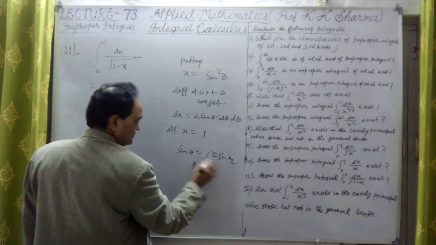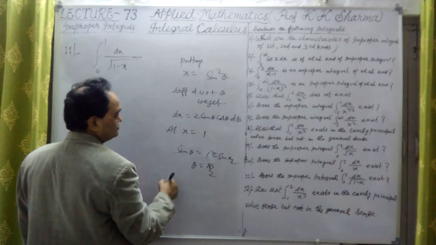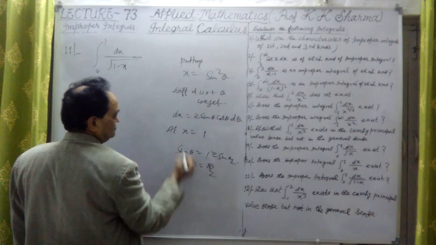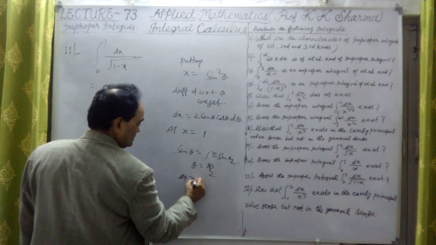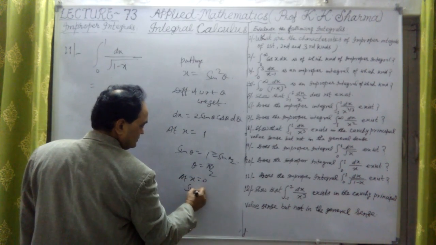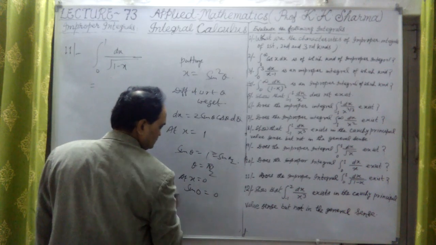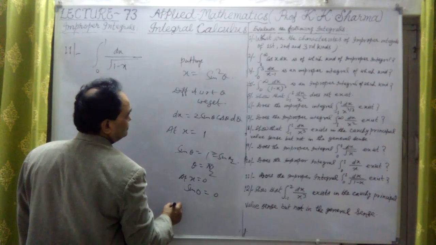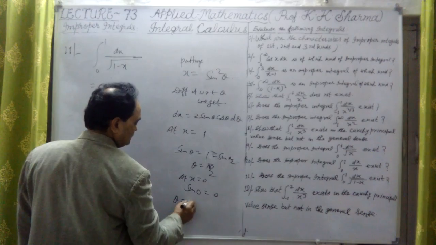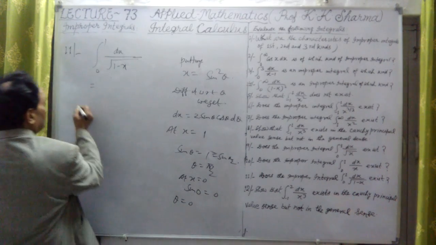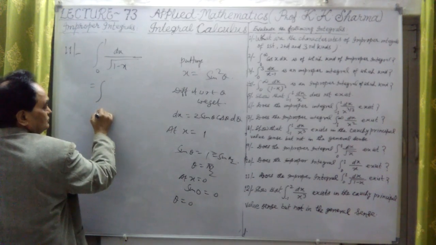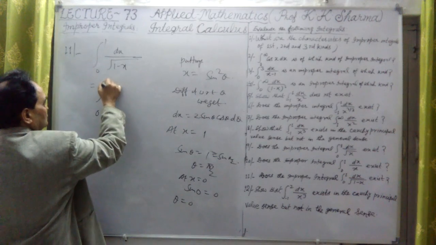That is the upper limit. At x equal to 0, sin 0 is 0, so theta equals 0. So the limits are 0 to pi by 2.